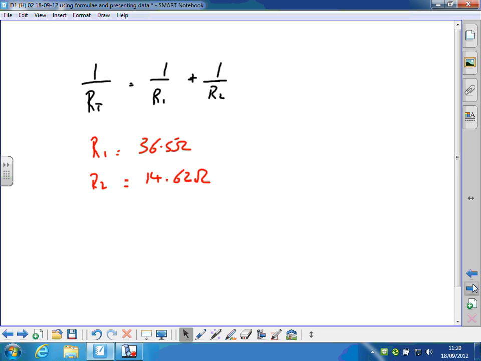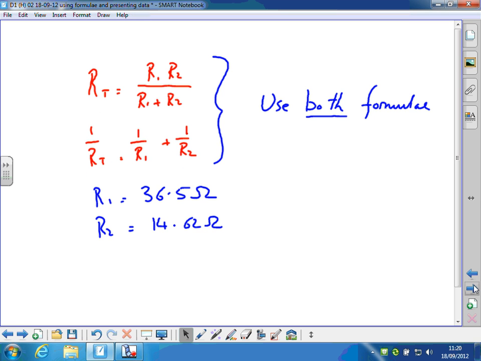Okay. Now that's another formula. Same, different resistors. What I want you to do is to use these two formulas, because remember we were saying last time that they both are the same.